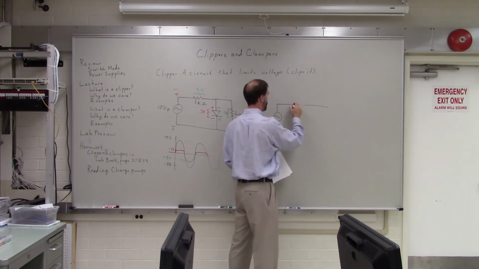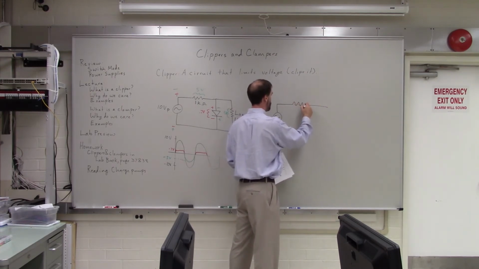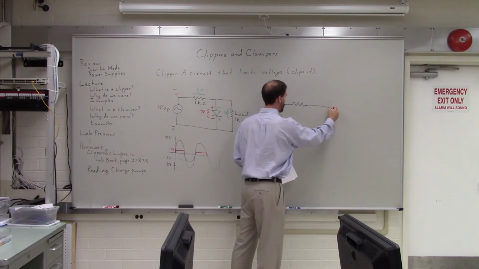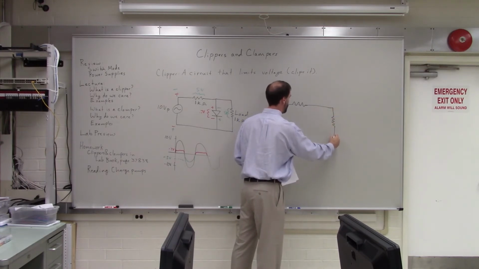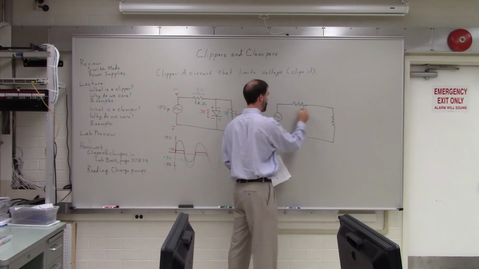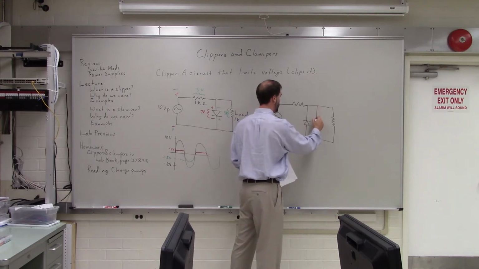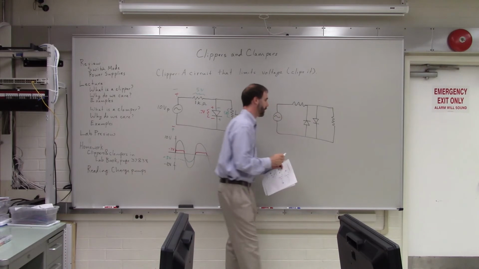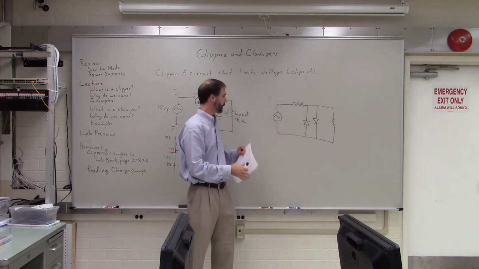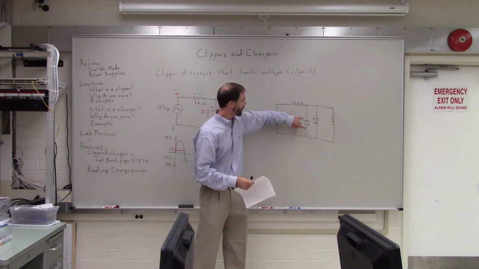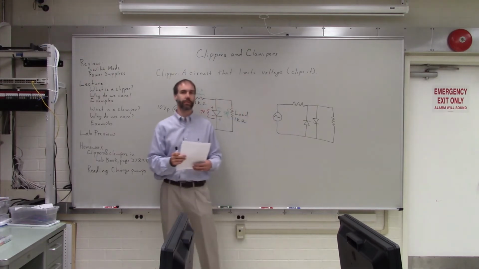So we've got essentially the same setup here. We've got our resistor and our load over here. But now we've got two diodes. One is facing this way, and the other one is facing this way. So now you have a maximum of 0.7 volts in both directions.